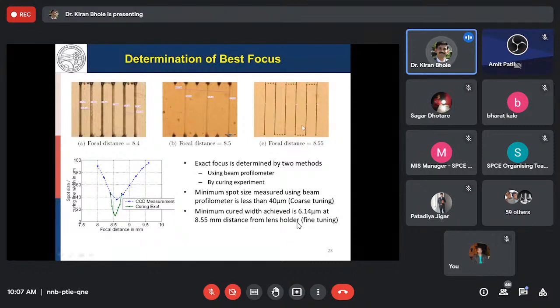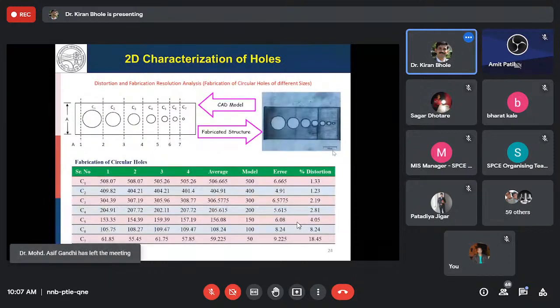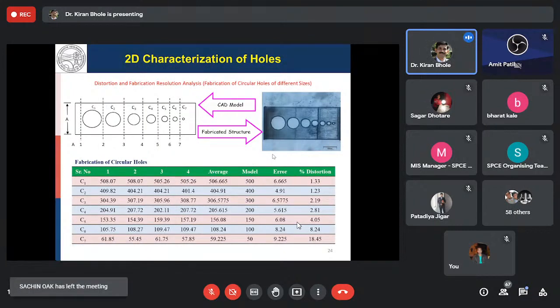That is done using this experiment of curing by line, and the focus is determined in that way. The focus turned out to be 8.55 in this case of the developed MSL system in our laboratory. And then Suhas has done a lot of experiments before the fabrication of the 3D components using this system.